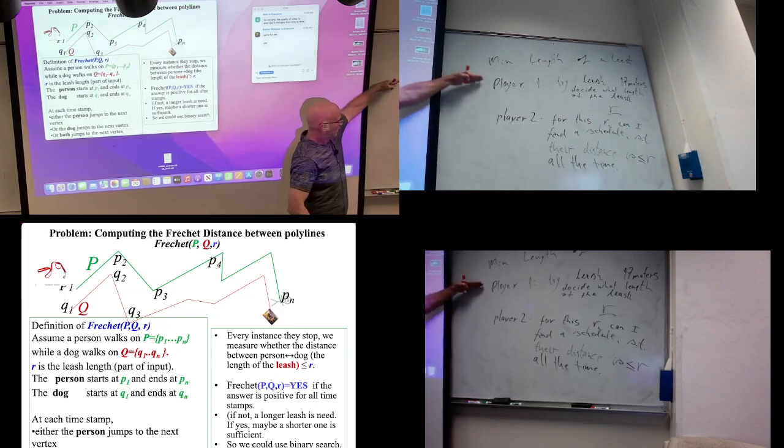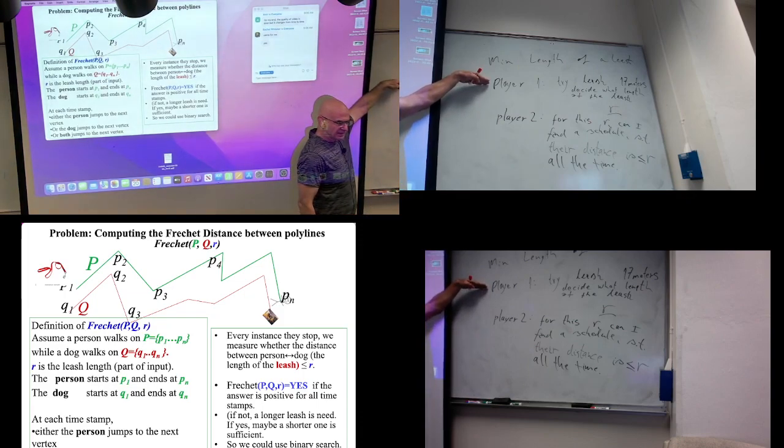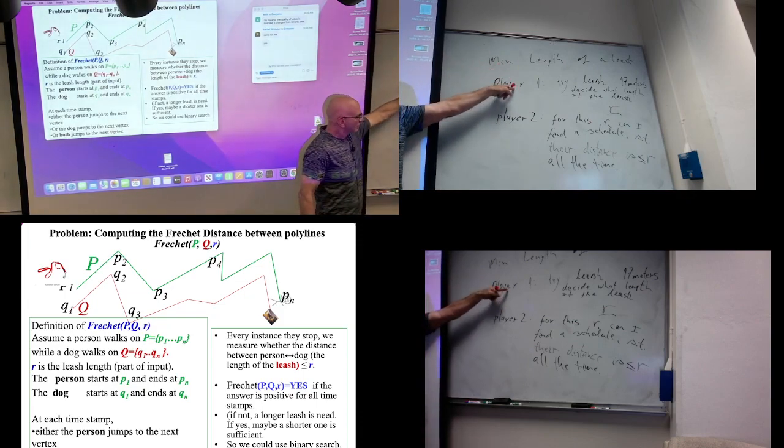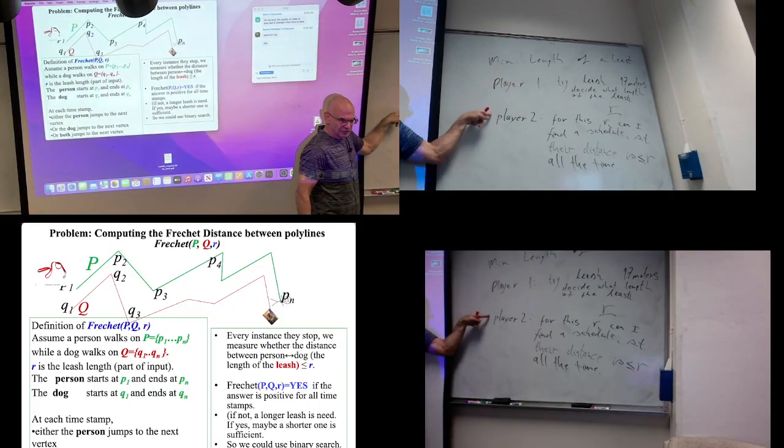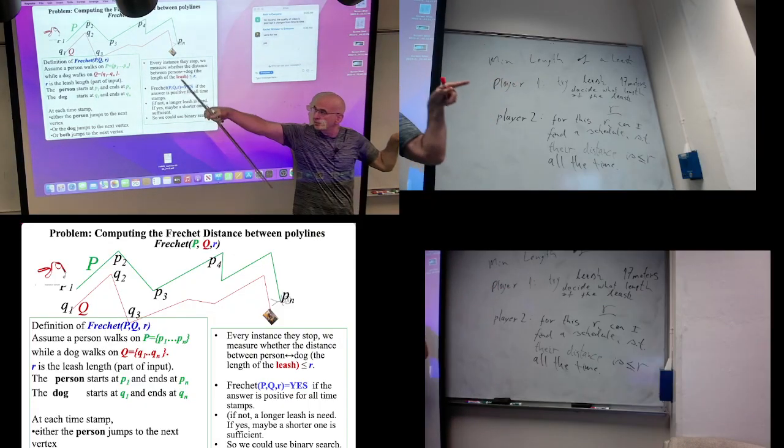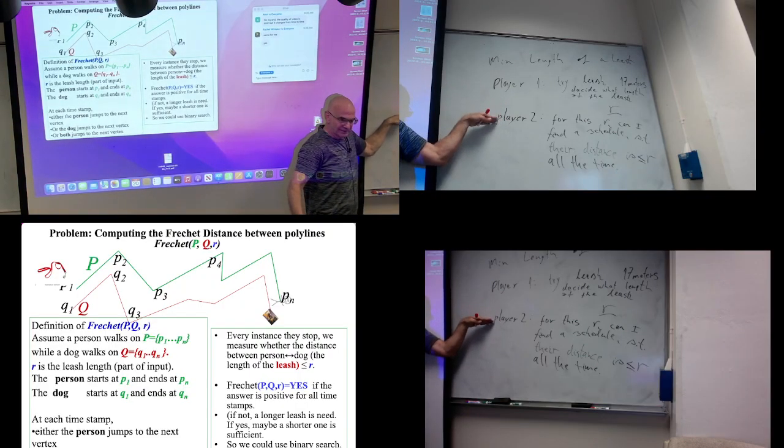See what's going on? Player one is the one that says, I want you to think about a leash of length 70. Player two says, okay, I'll try to find a schedule with a leash of length 70.